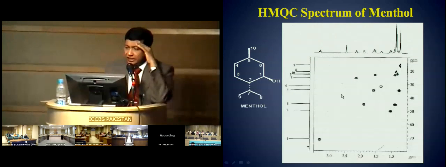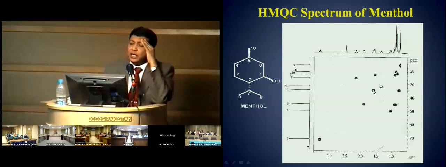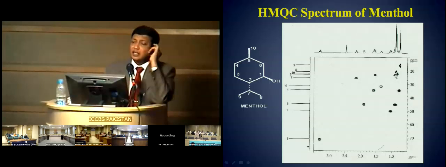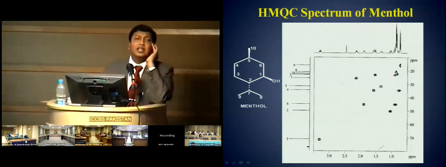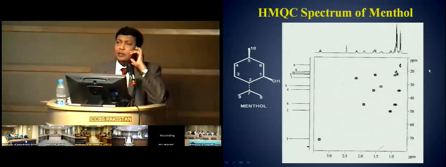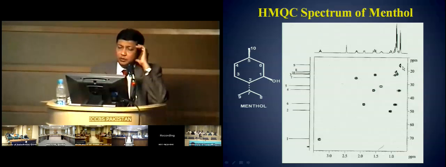So it's so easy. The C4 is here, this one and this one, okay? And the one I was telling you was C3, I'm sorry, it has a pair here. It has two pairs, one here and the other here, and they both have a straight cutting line to one carbon. So you can identify the geminal pairs of protons also.